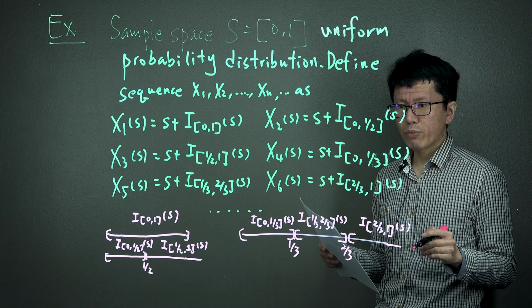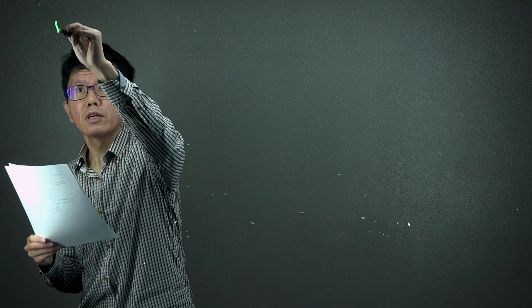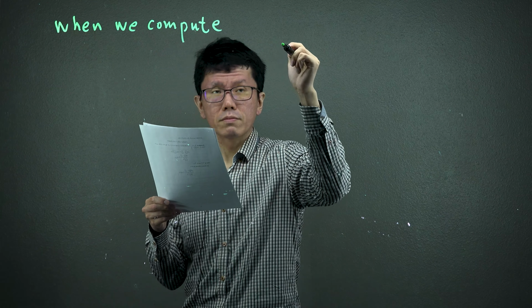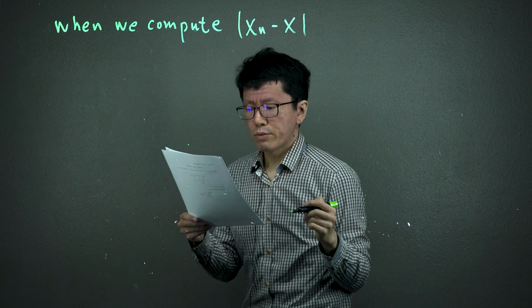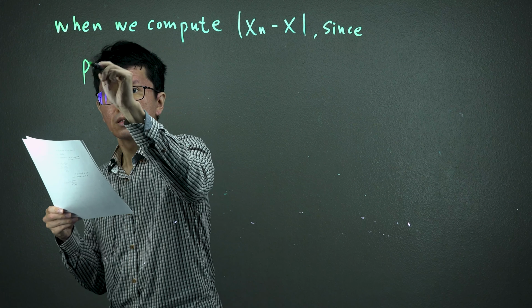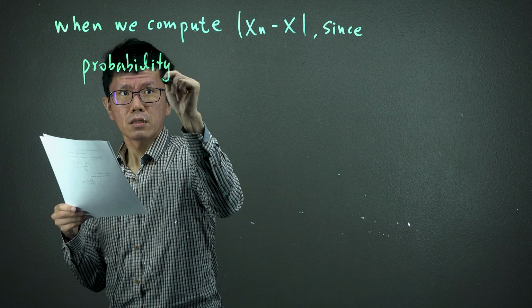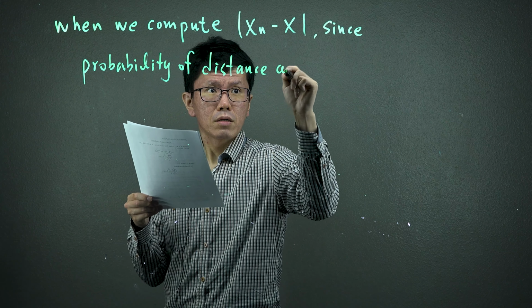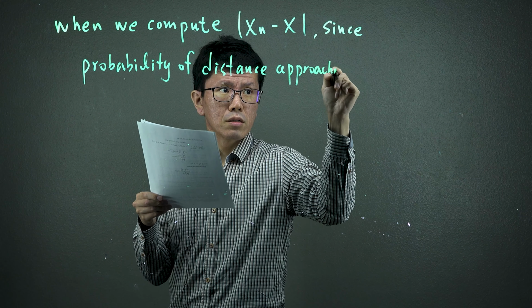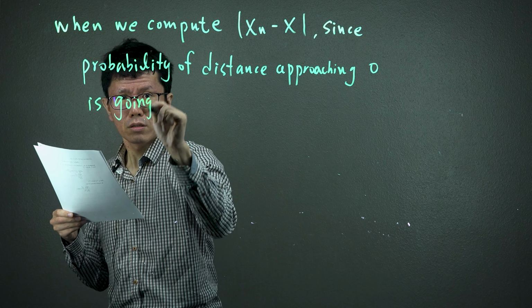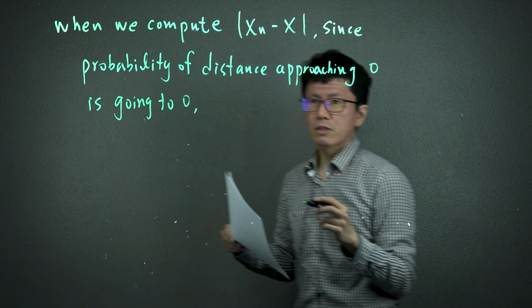So in this case, when we compute this absolute difference, we can see that the probability of the distance not approaching 0 goes to 0.